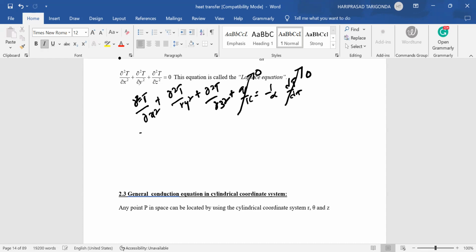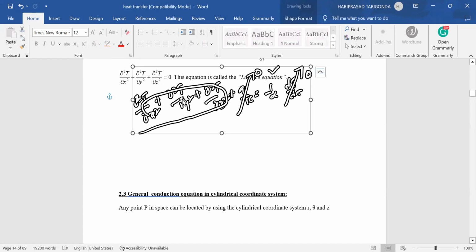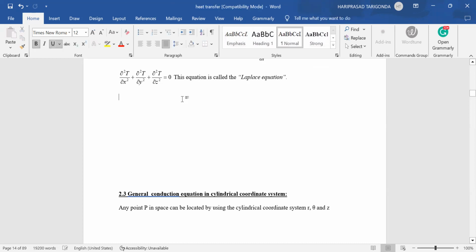The remaining equation, ∂²T/∂x² + ∂²T/∂y² + ∂²T/∂z² = 0, sorry, there is no q/k, is called the Laplace equation.